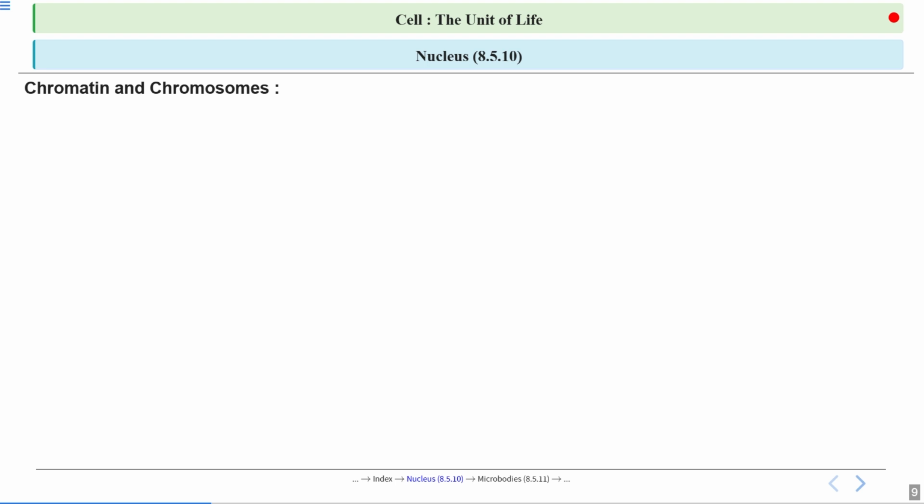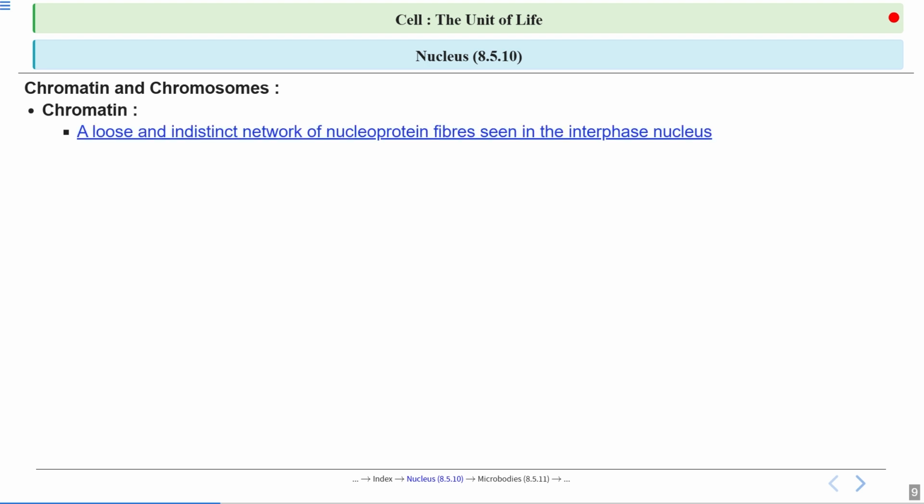Now let's talk about the chromatin and the chromosomes. What is chromatin? It is a loose and indistinct network of nucleoproteins. Nucleoproteins means nucleic acid and proteins. See that these are nucleoprotein fibers seen in the interphase nucleus.